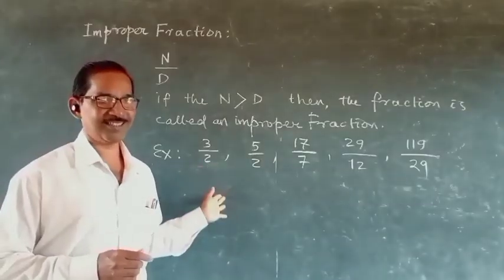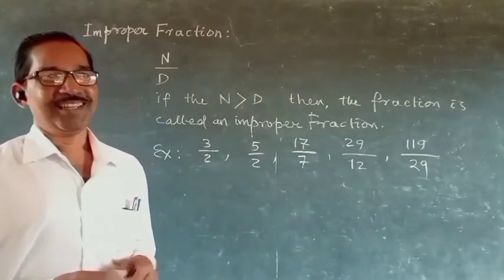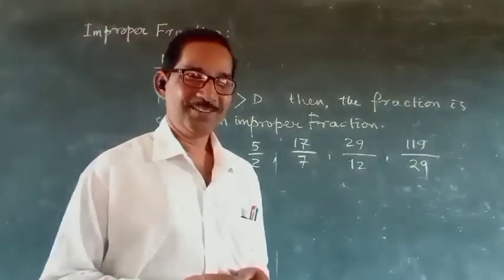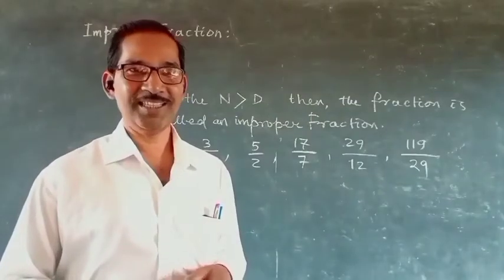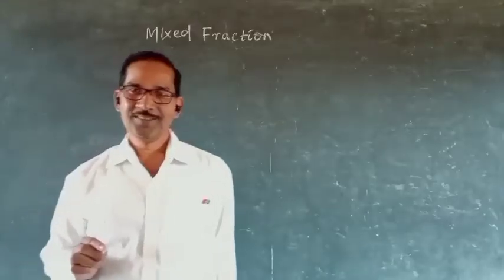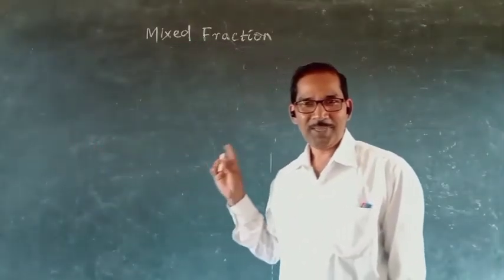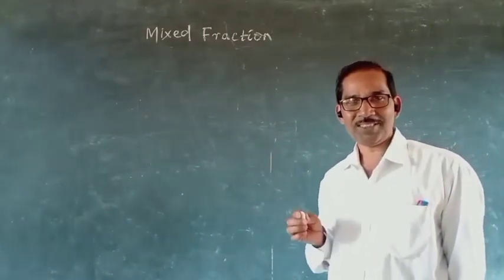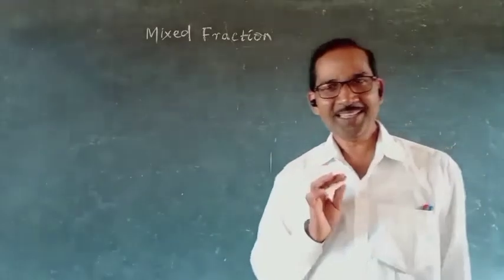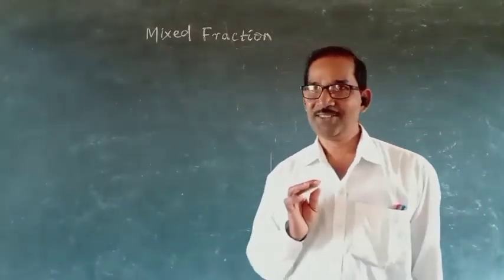Now let us discuss what a mixed fraction is. I am just giving you some examples. So after seeing the examples, you can better understand what a mixed fraction is. Okay?